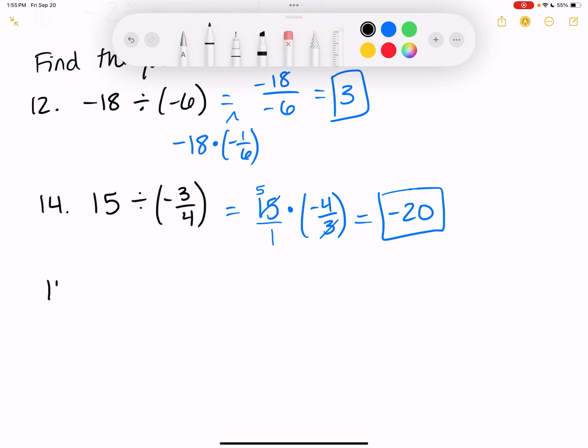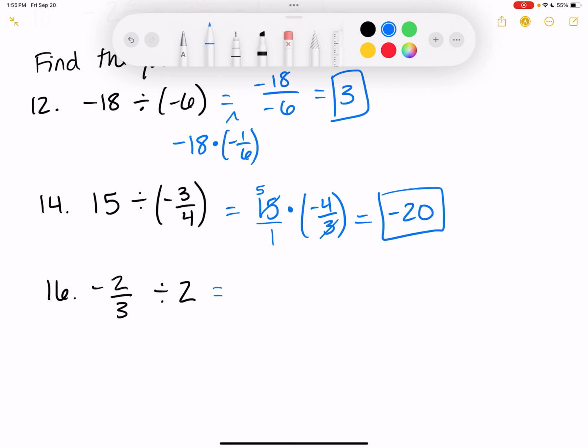16. Negative 2 over 3 divided by 2. What do you think I need to do with this one? You need to flip negative 2.